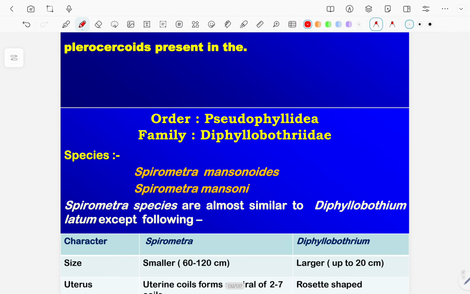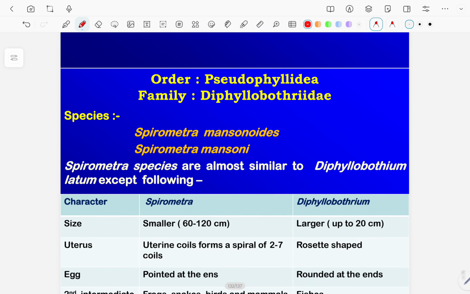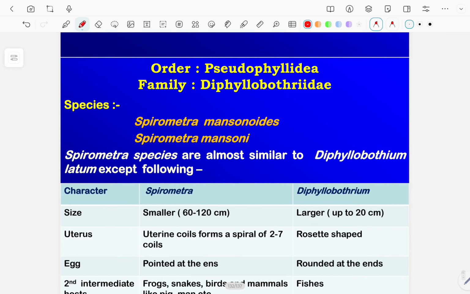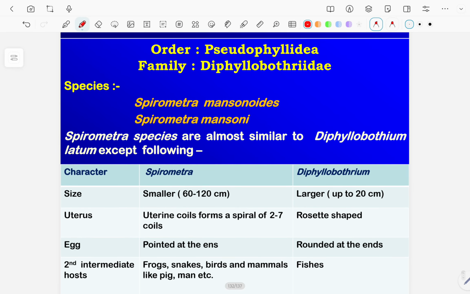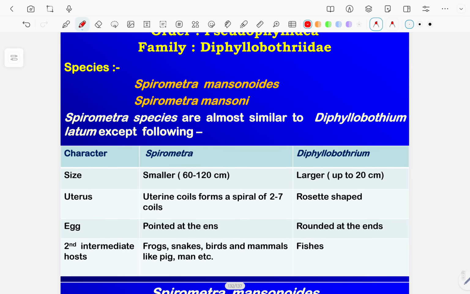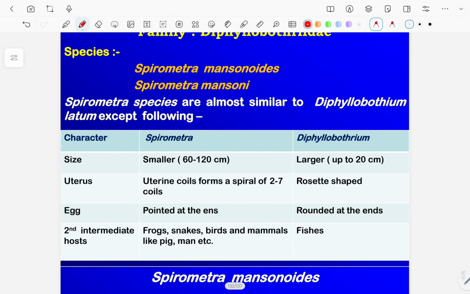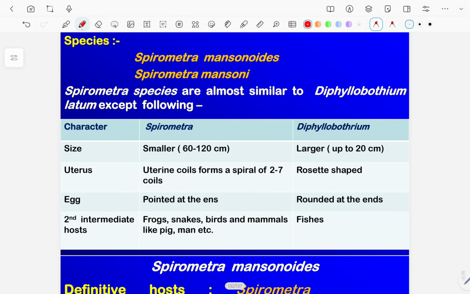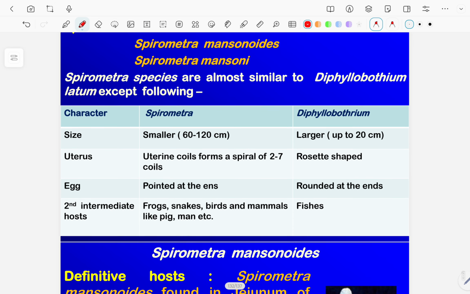Order Pseudophyllidea. Family Diphyllobothriidae. Species Spirometra mansoni. Spirometra species are almost similar to Diphyllobothrium latum except for the following.